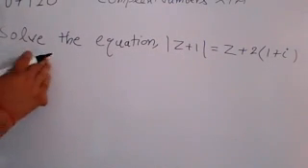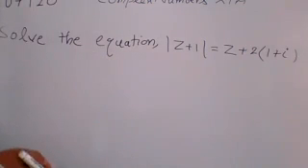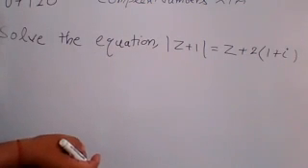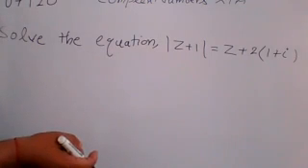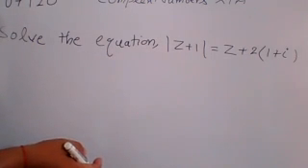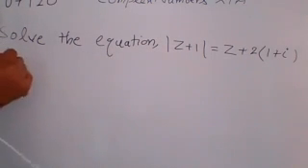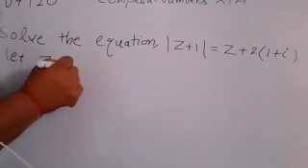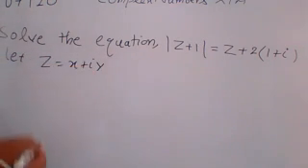Means here you have to solve the equation mod of z plus 1 is equal to z plus 2 times of 1 plus i. So first you assume here, let z is equal to x plus iy.